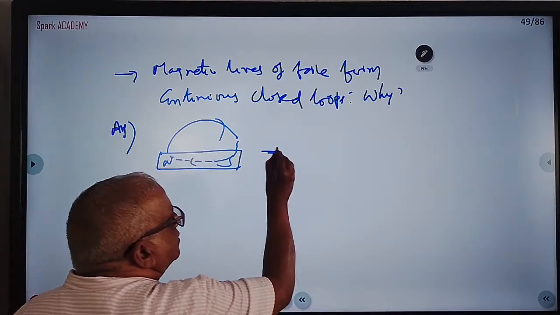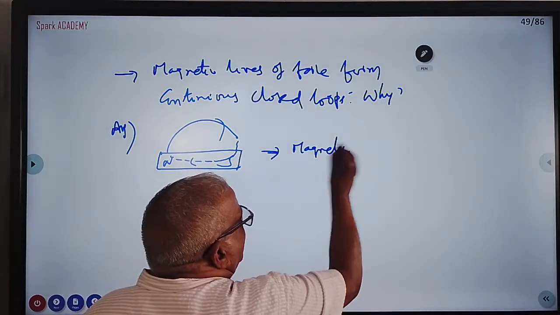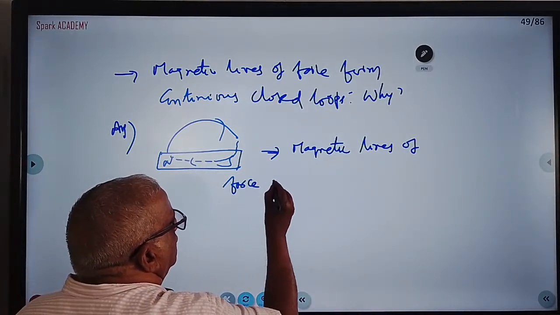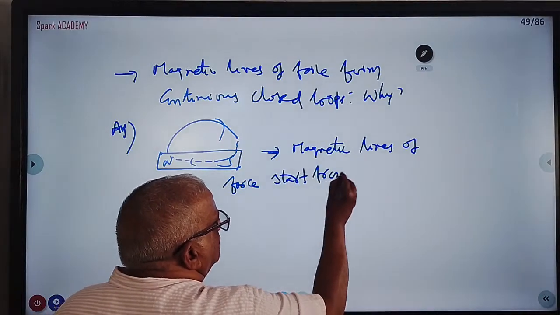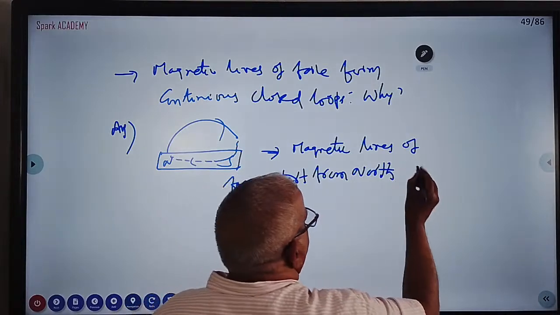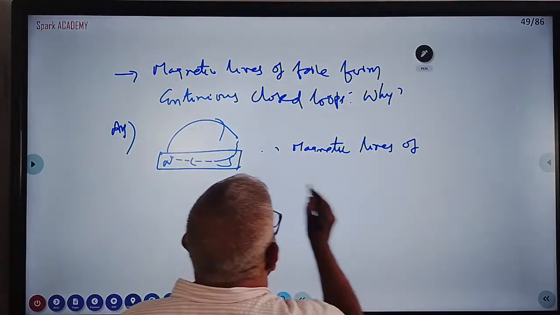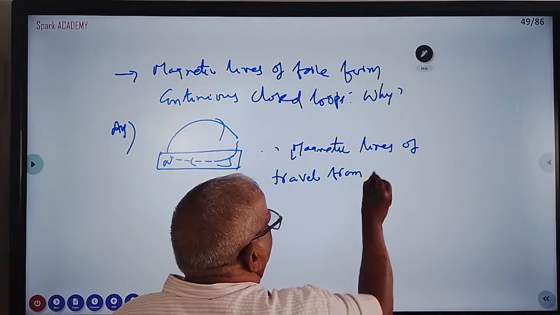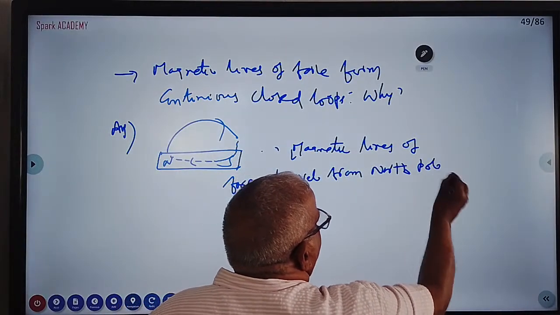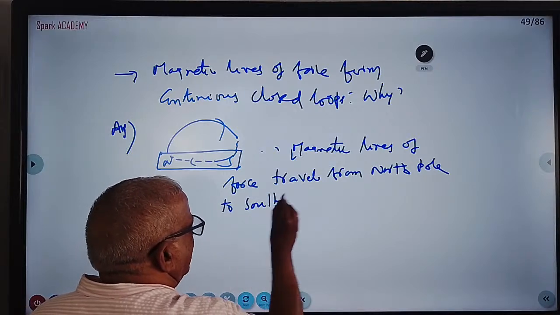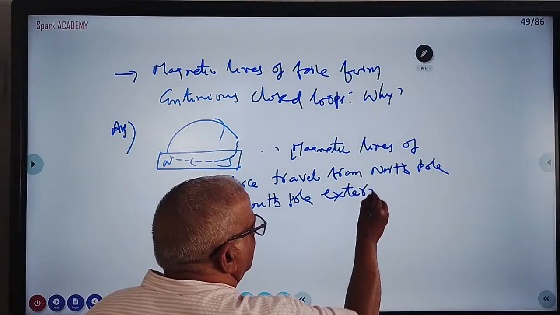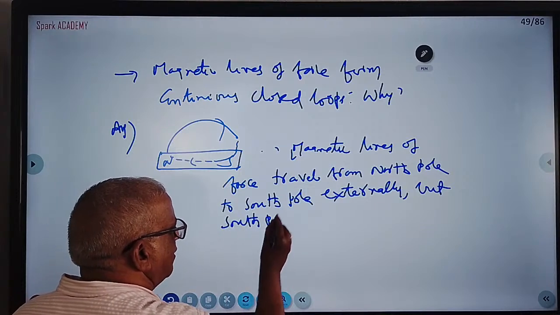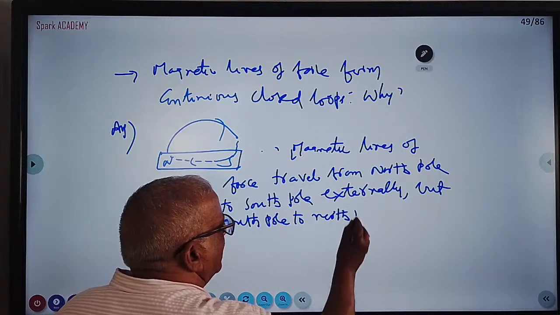So magnet lines of force start from the north pole, travel from north pole to south pole externally, but south to north, south pole to north pole, inside the magnet.